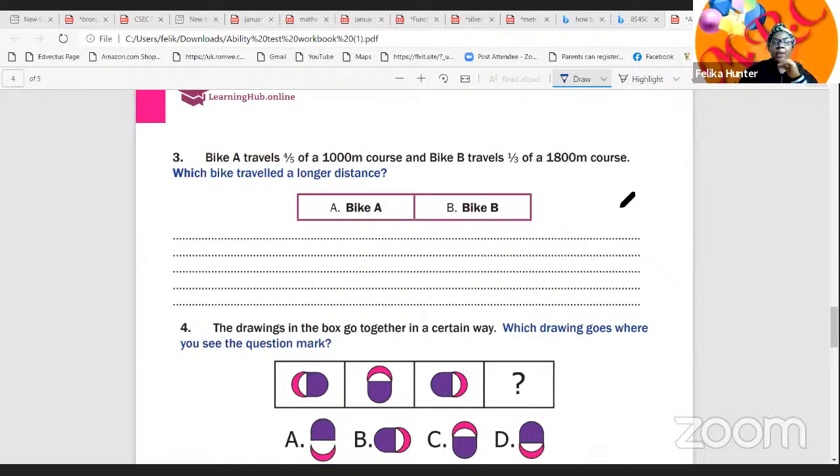Elia, ready in 10, 9, 8, 7, 6, 5, 4, 3, 2, and 1. Go ahead, Elia.